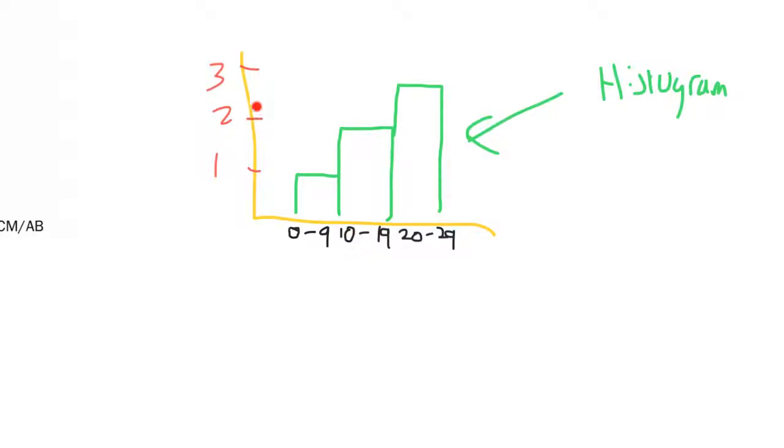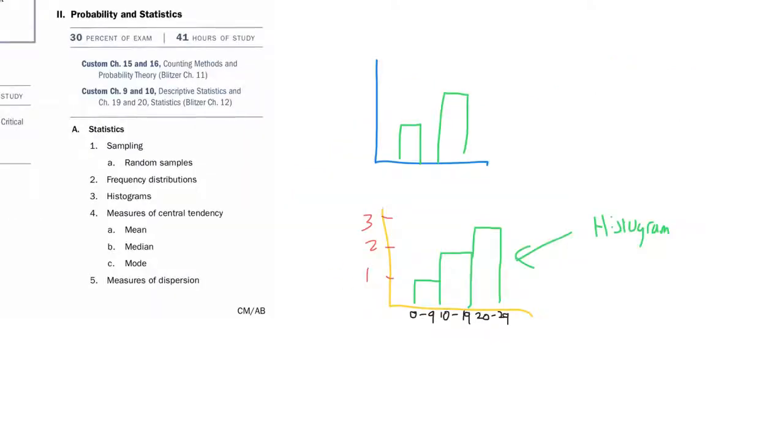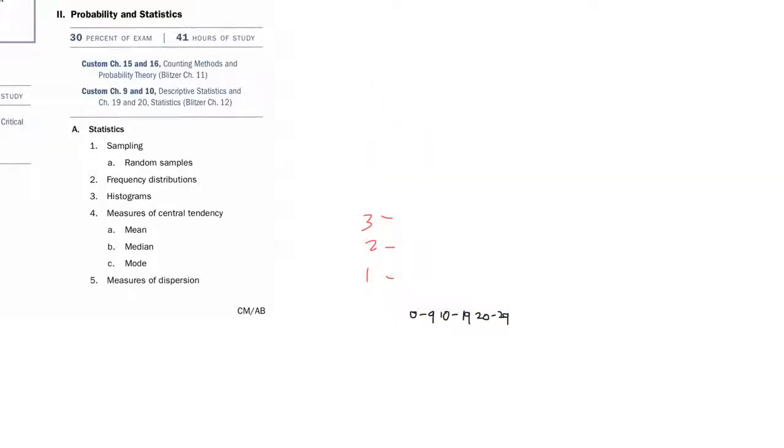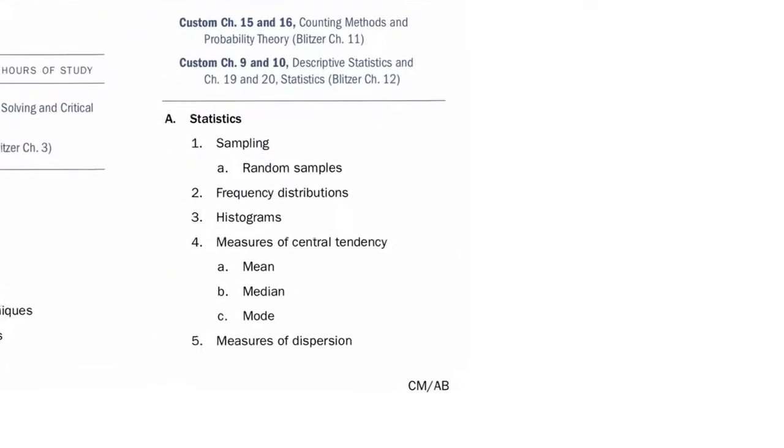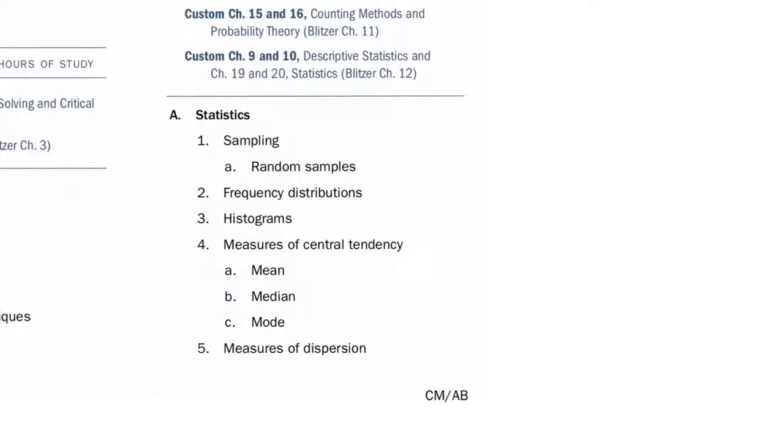And then there are, let's just call this 3, 3 people that are between the ages of 20 and 29. All right, so that is a way of thinking about histograms. So hopefully that makes sense. And that's just a way of displaying data.